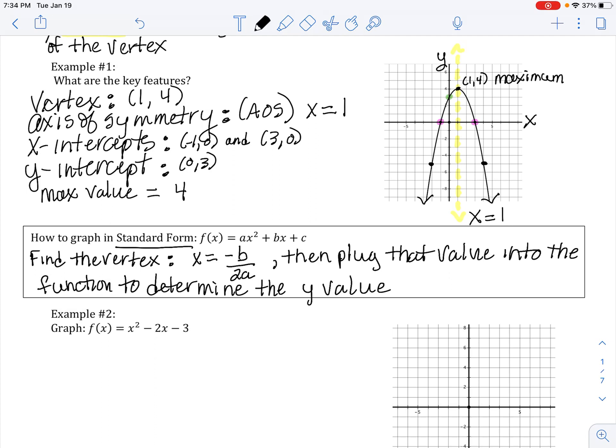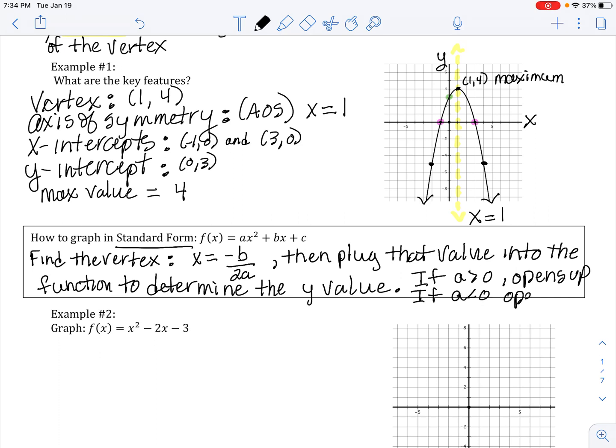After you determine the vertex, then you need to determine whether the parabola opens up or down, okay? So that would be the next thing. If a is greater than 0, it opens up.